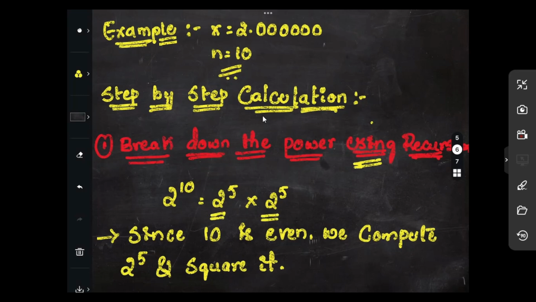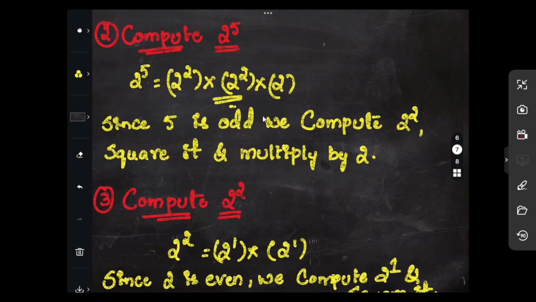Since 10 is even, we compute 2 to the power of 5 and we square it.